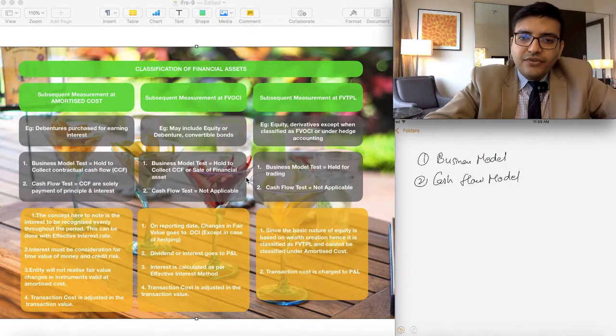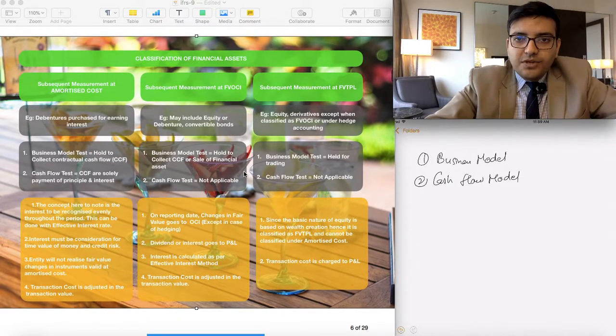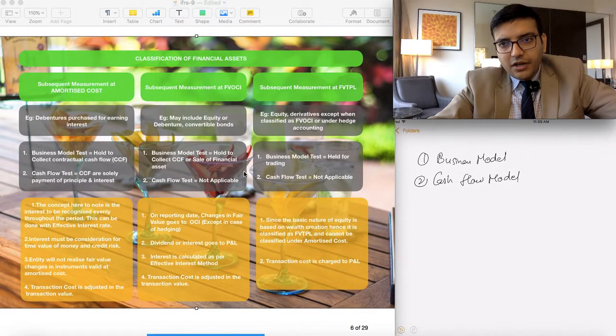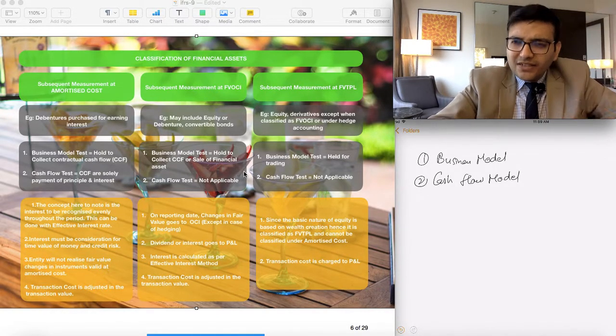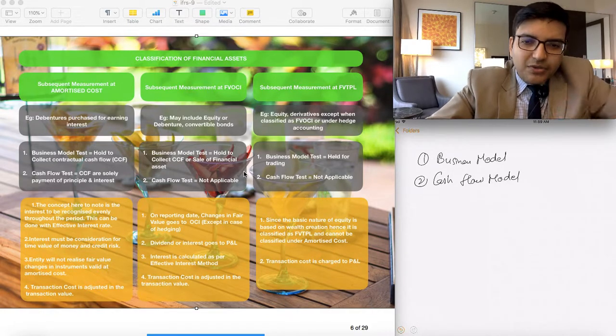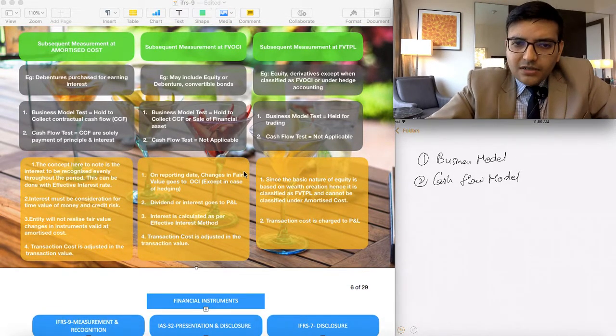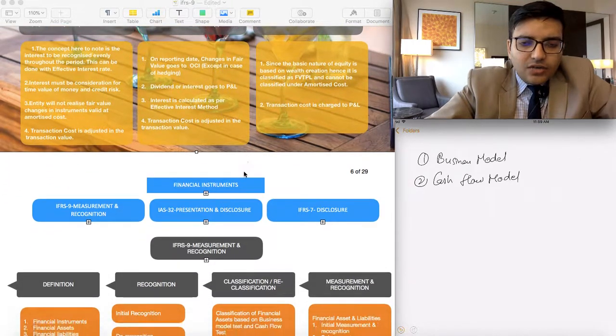We'll tell you from the very beginning all the entries when the asset is recognized initially, then at subsequent recognition, then on sale, and what the disclosures are. It's very simple. IFRS 9 has made it very simple, so don't take any tension.